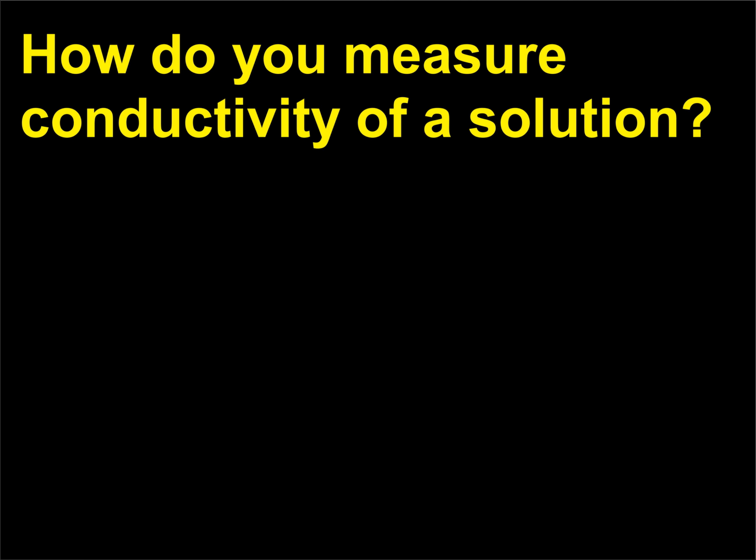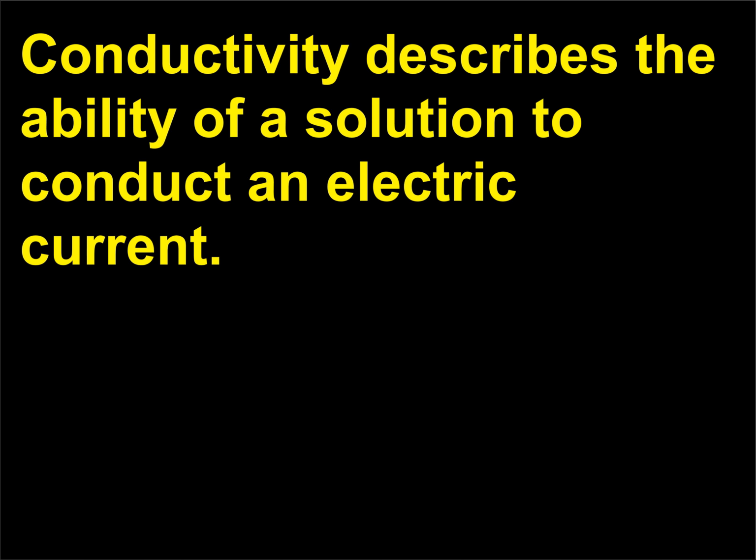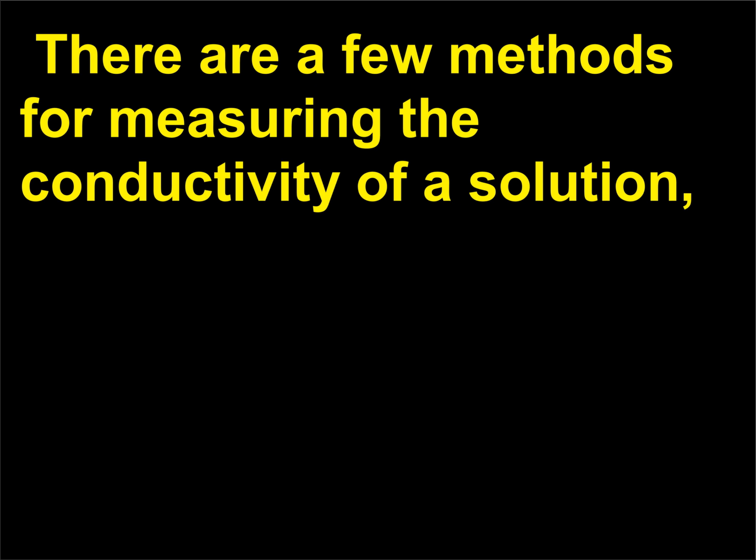How do you measure conductivity of a solution? Conductivity describes the ability of a solution to conduct an electric current. There are a few methods for measuring the conductivity of a solution.